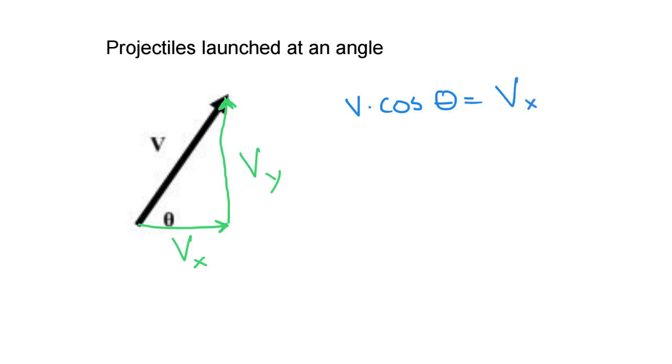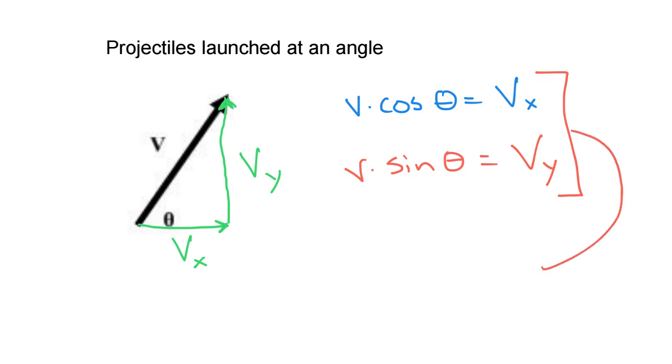And then to find v sub y, we're going to use sine. So v times the sine of theta equals v sub y. All right, these are the components that we break every diagonal vector into. Components.